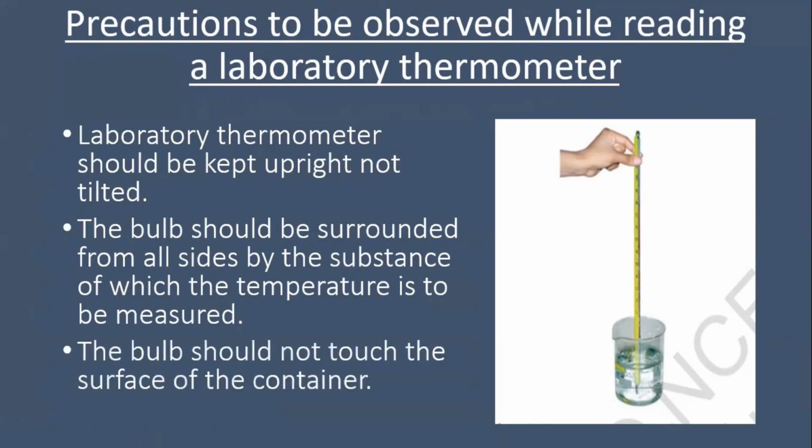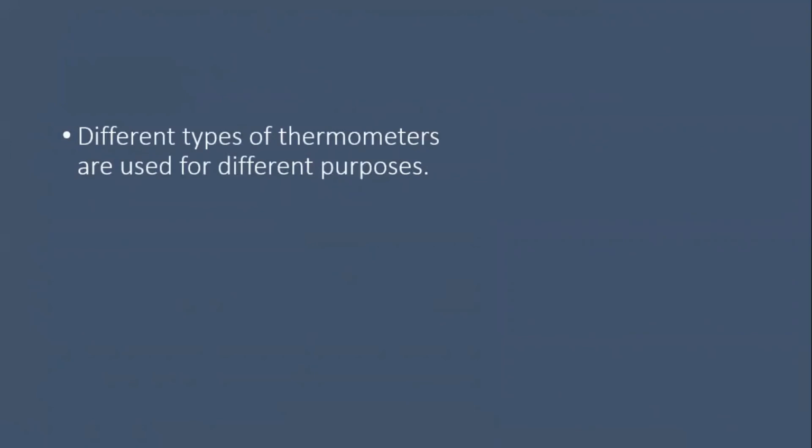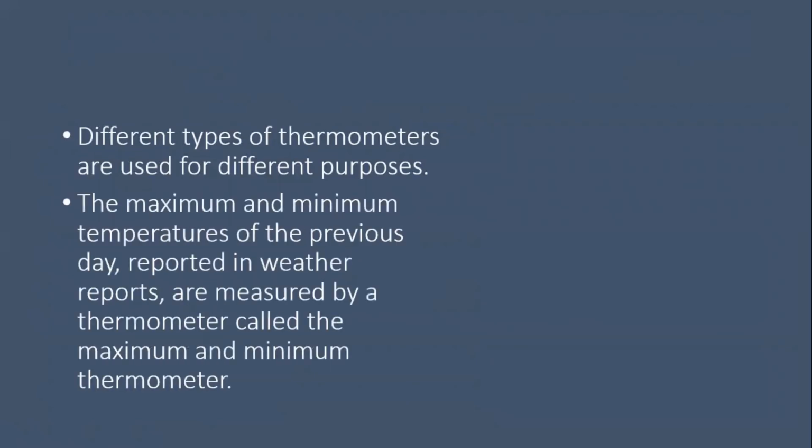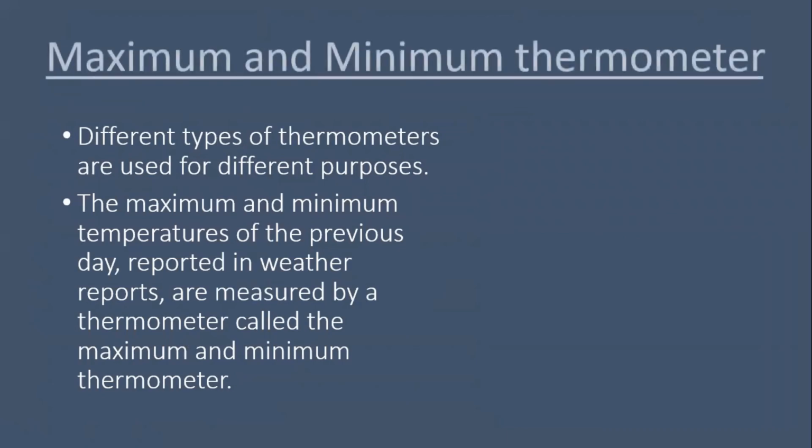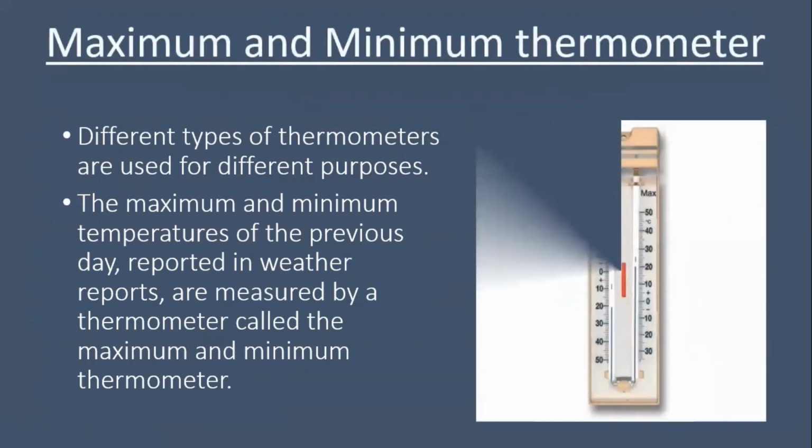The bulb should not touch the surface of the container. Different types of thermometers are used for different purposes. The maximum and minimum temperatures of the previous day reported in weather reports are measured via a thermometer called the maximum and minimum thermometer.